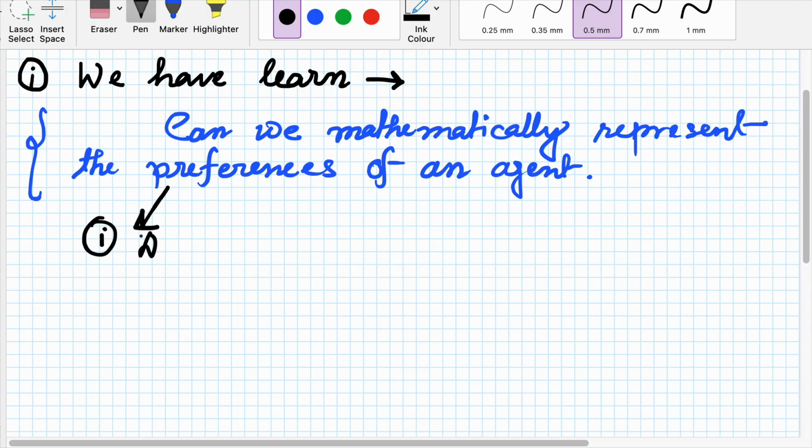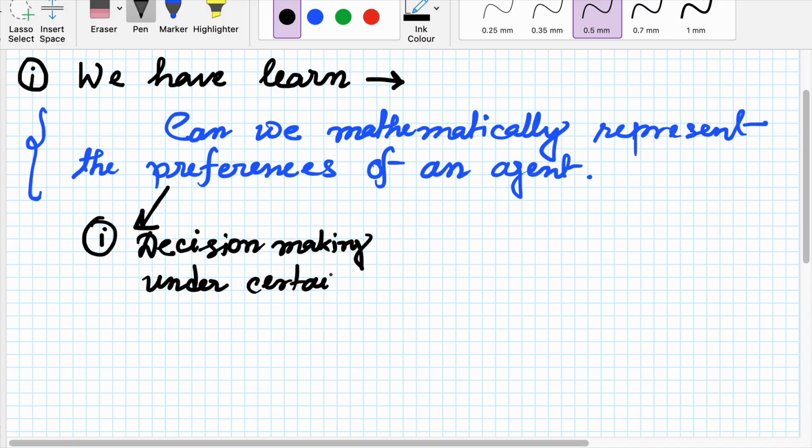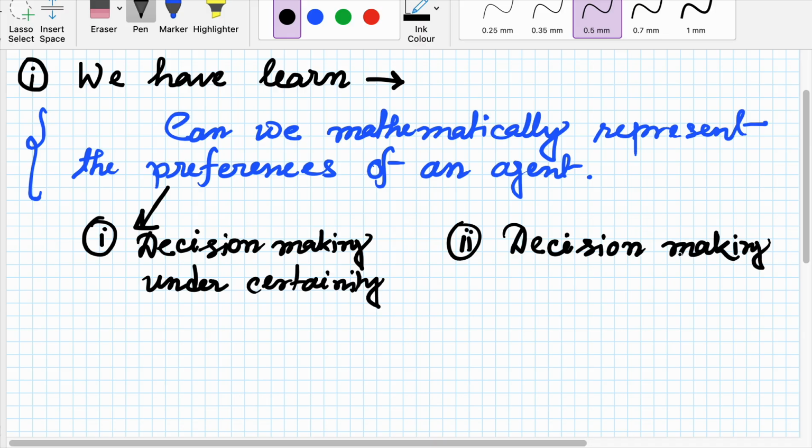One is decision making under certainty, and decision making under uncertainty.